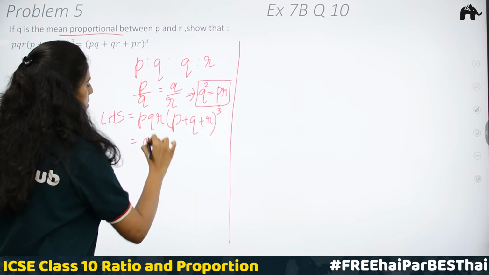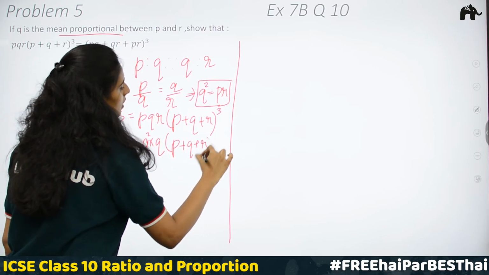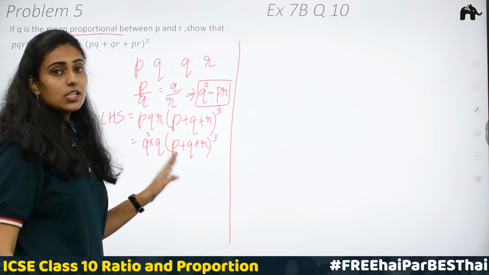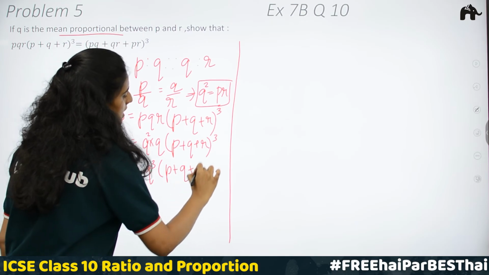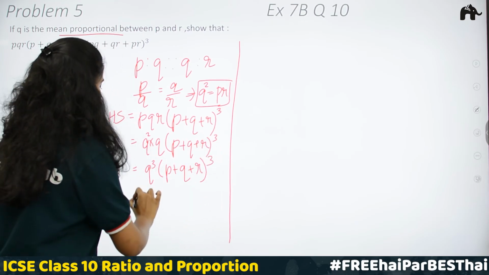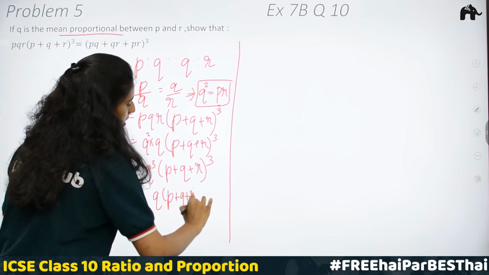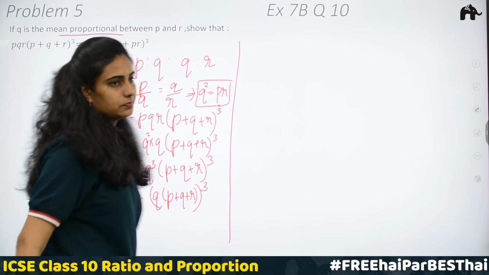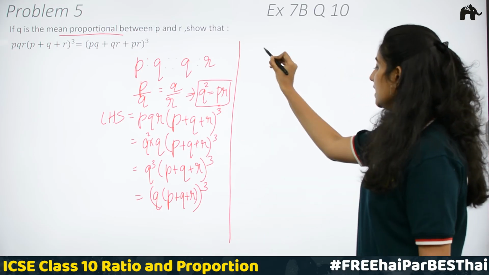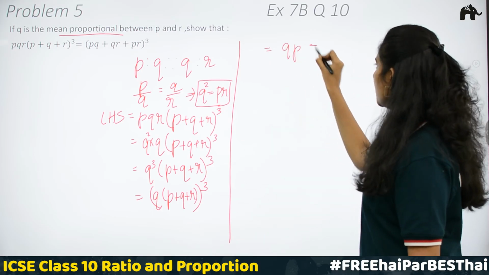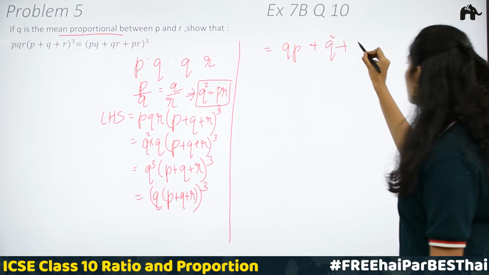This can be written as q square into q into (p plus q plus r) whole cube. q square into q is q cube. q cube into (p plus q plus r) whole cube, that is equal to q into (p plus q plus r) whole cube. Now removing these brackets and multiplying, we will be getting qp plus q into q is q square plus q into r, qr, whole cube.